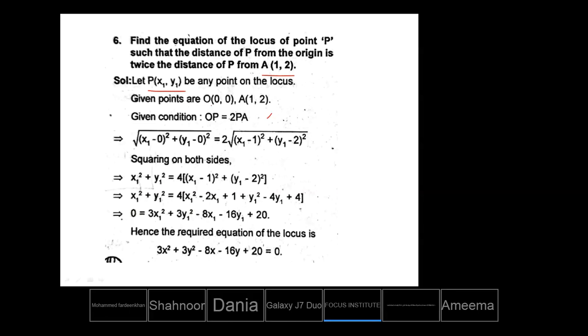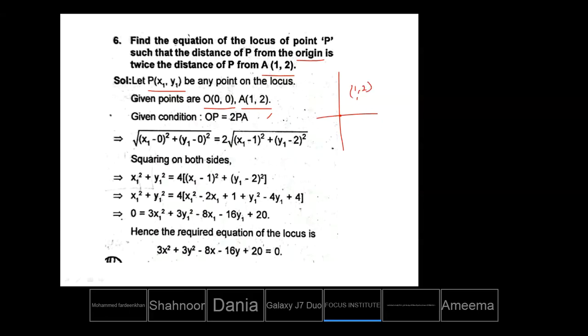Given points are origin (0, 0) and A (1, 2). What is origin? Origin is nothing but (0, 0). Got it?